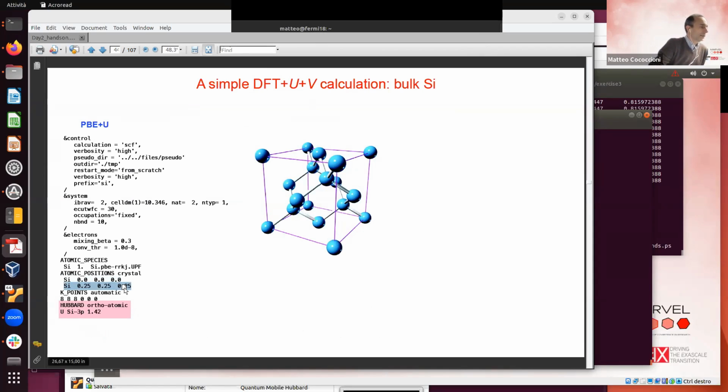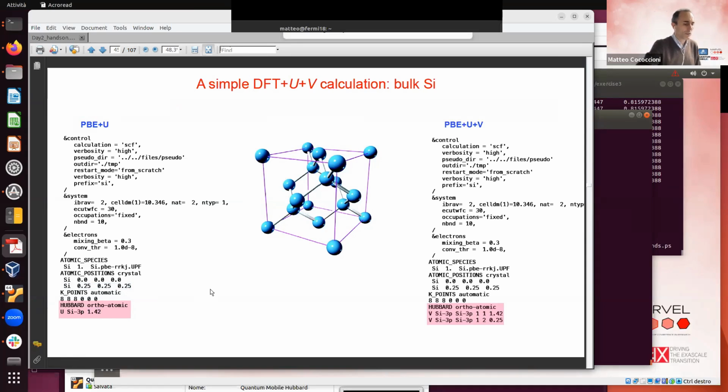And again, the PBE plus U calculation whose input is shown here features a 1.42 value for the Hubbard U, which is probably something that I have computed in the past. But again, it doesn't matter in order to do this exercise. The important thing I want you to focus on is the different syntax we have now for inserting the Hubbard V. So I'm making this part bigger now.